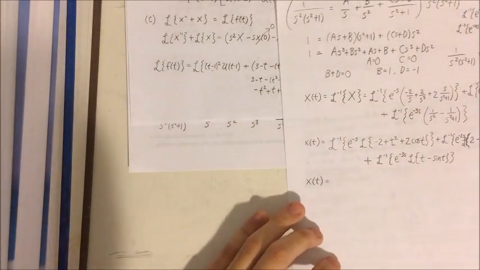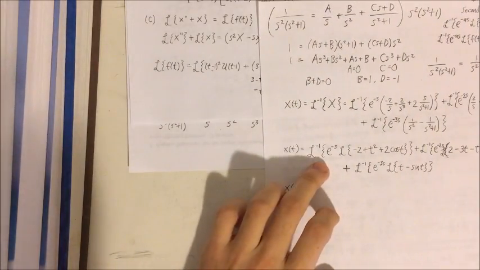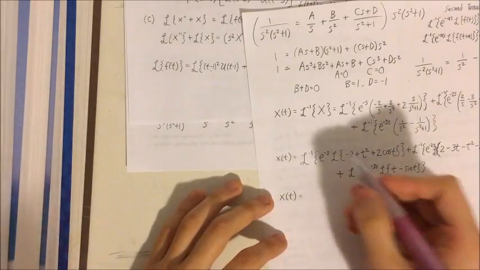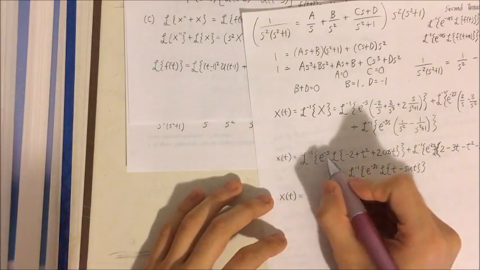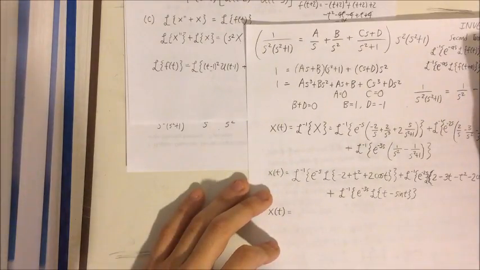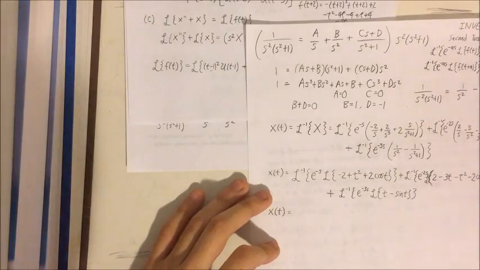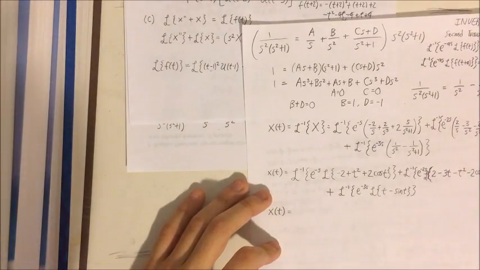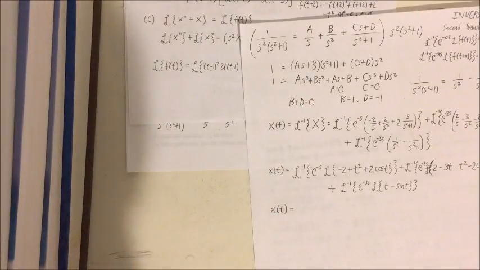x of t is equal to the inverse Laplace transform of this, so it says that when we have this form, we're going to have to take whatever the a is, which in this case is negative 1, negative 2, negative 3. We're going to have to take the a, put it into f of t minus a, where this inside here is f of t, and then multiply by the unit step function of t minus a.